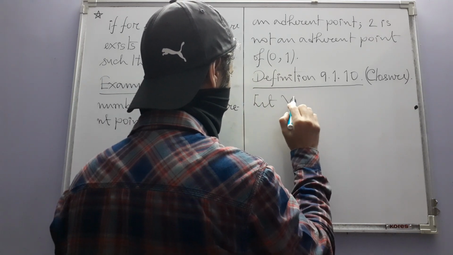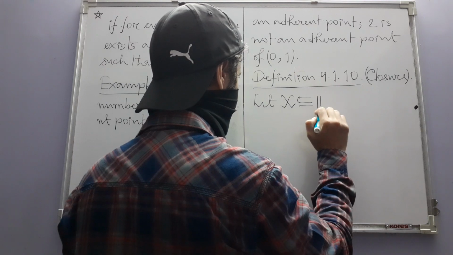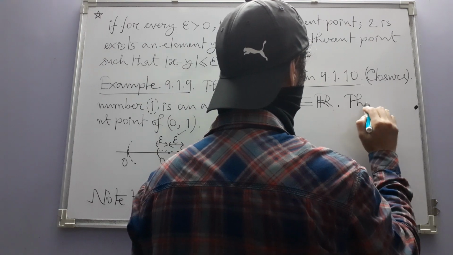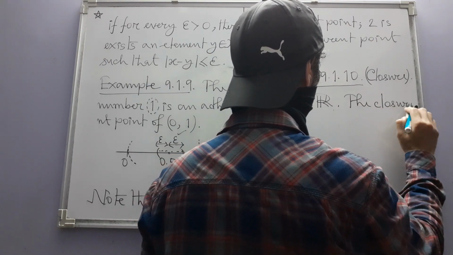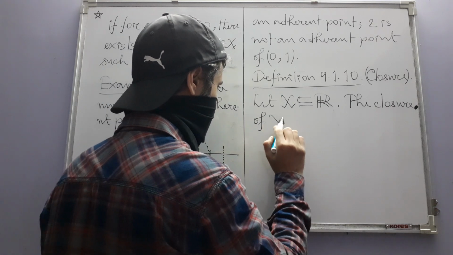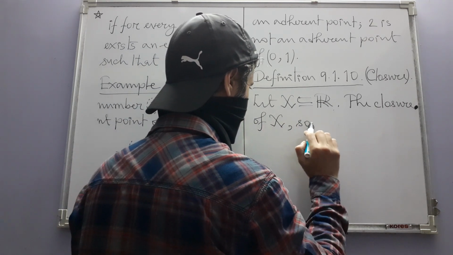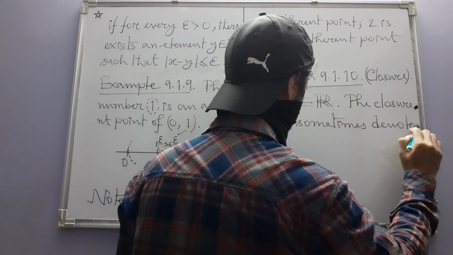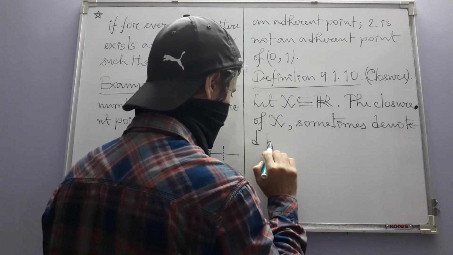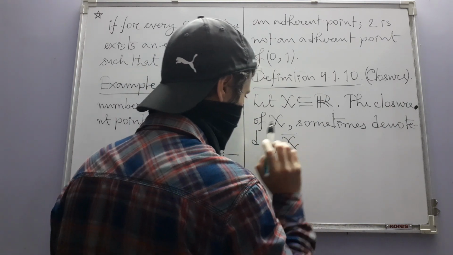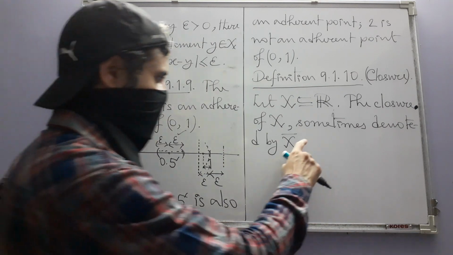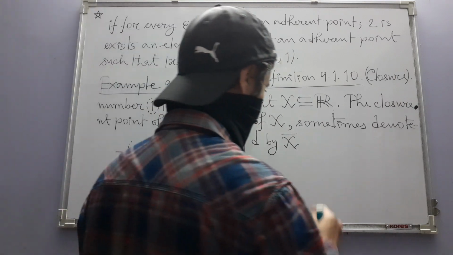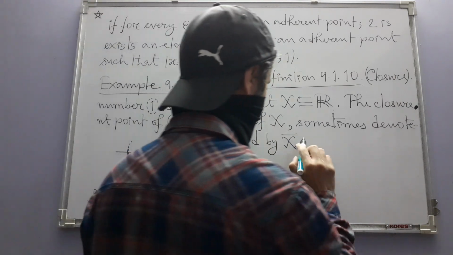Let X be any subset of R. The closure of X, sometimes denoted by this symbol X bar, and sometimes it's also written as cl of X, closure of X. Here however we are going to use X bar.